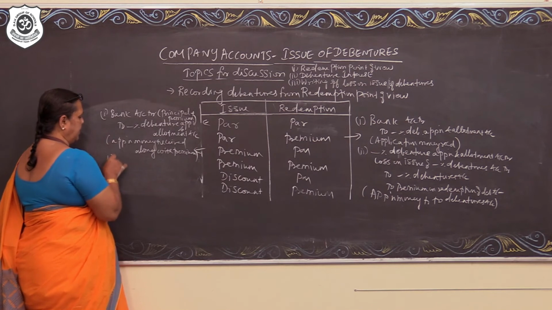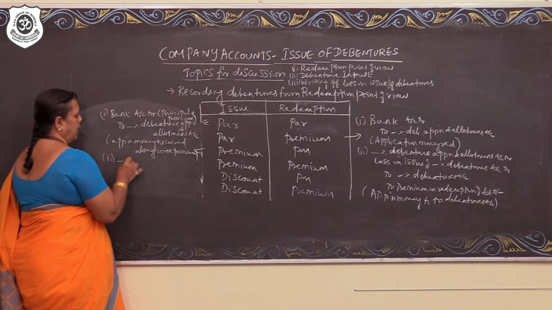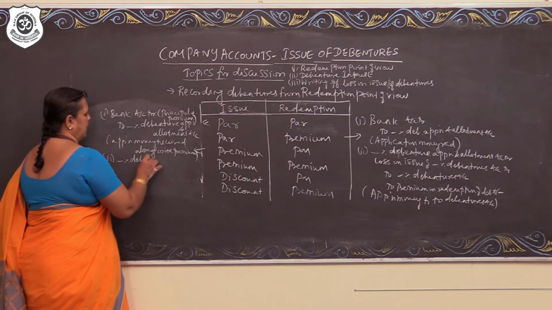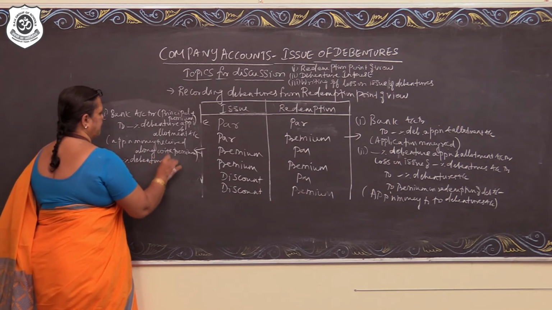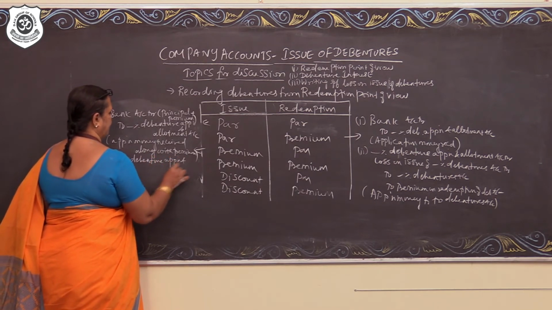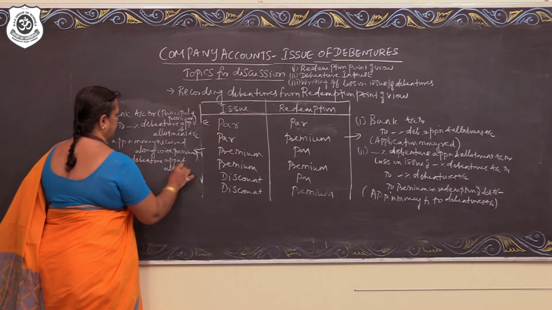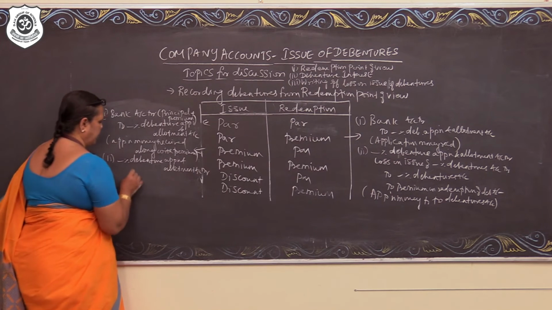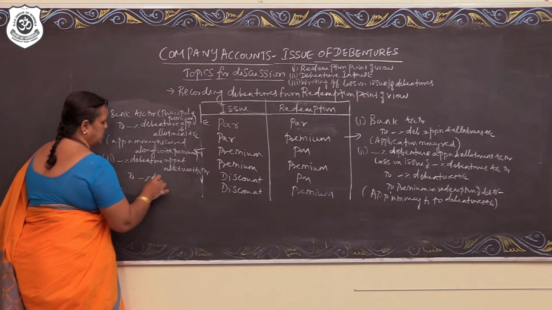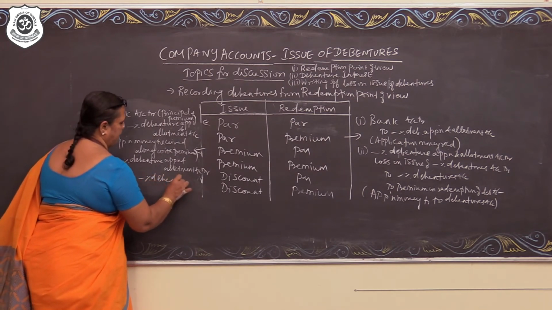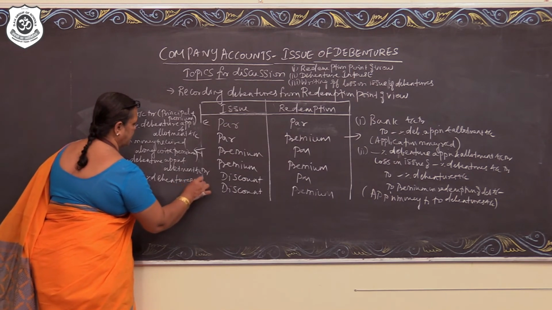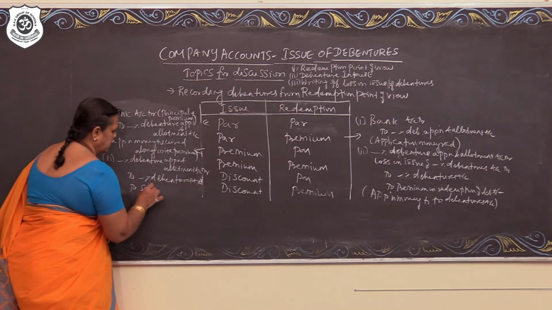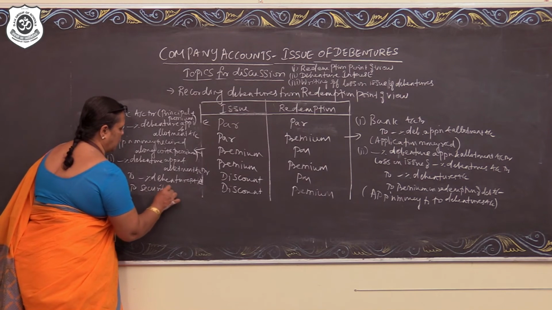The second entry will be -% debenture application and allotment account debit, to -% debentures account, to securities premium reserve account.